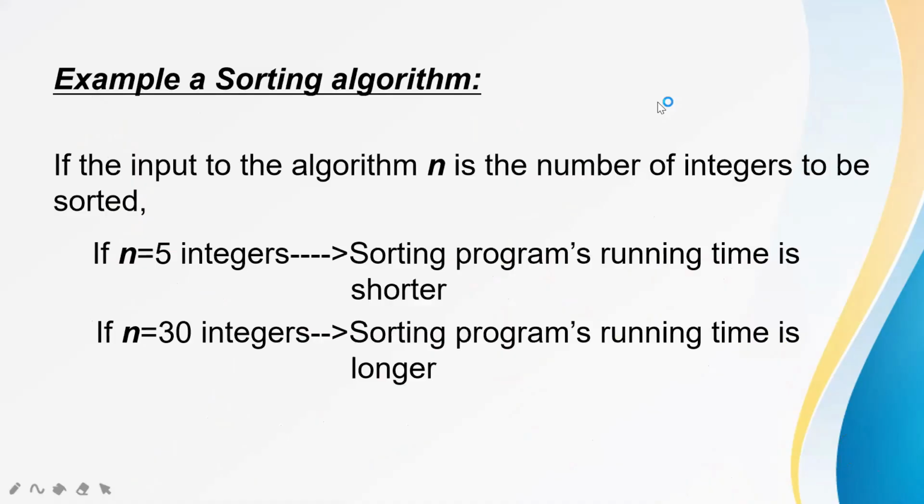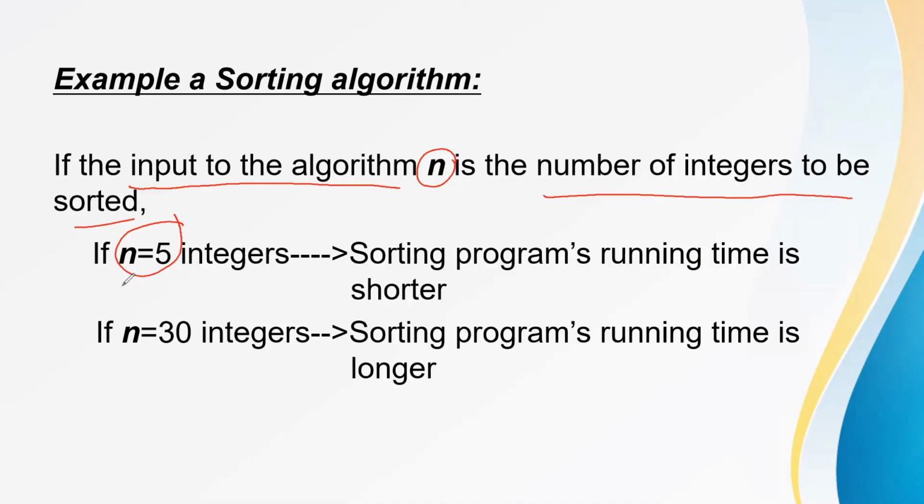Let's take, for example, a sorting algorithm. In this sorting algorithm, the input n is the number of integers to be sorted. Say n is equal to 5. You input 5 as the value of n, and then you proceed to input these 5 integers. Say they are 2, 10, 1, 3, and 5, in that order.